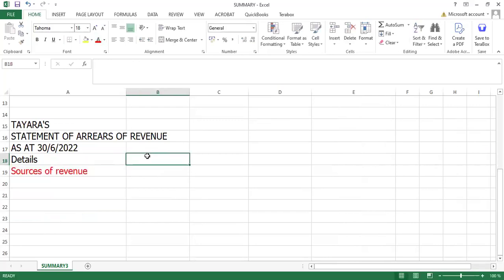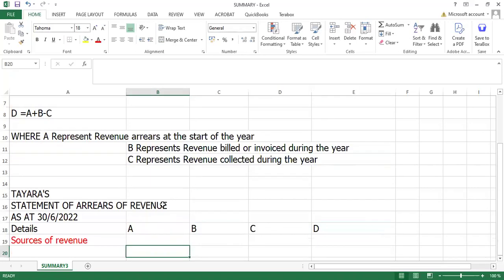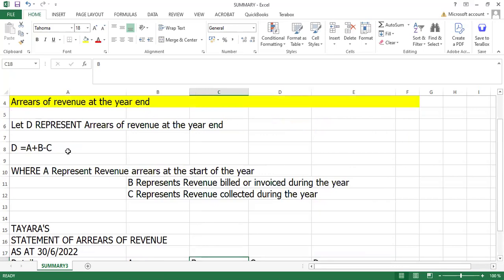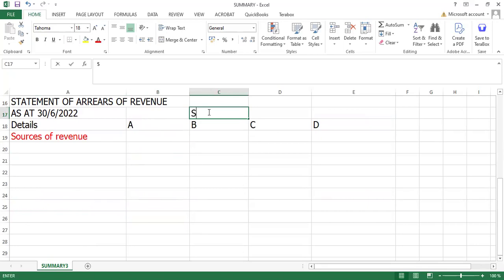Then, because we want arrears of revenue at year end, as I told you, you're getting A plus B minus C, then you'll be in a position to get D. Because when you use A, B, C, and D, make sure that you have defined them in an exam. So we can keep our figures in shillings.